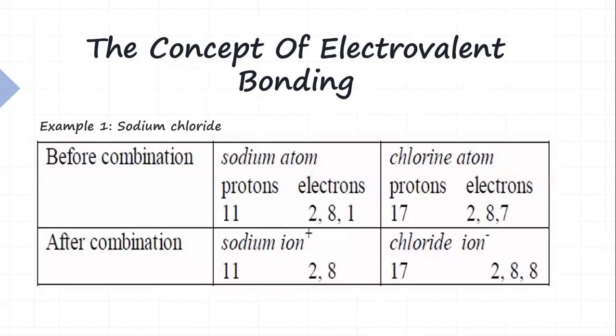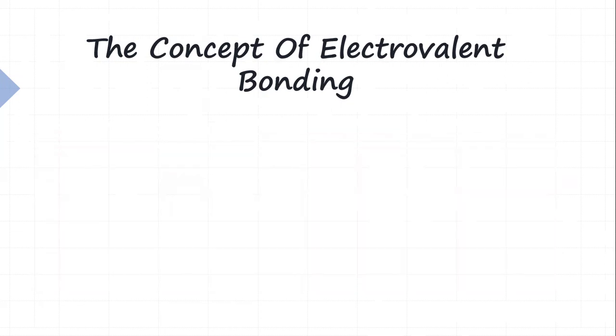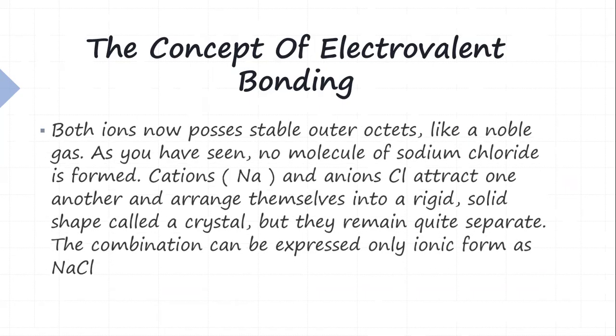That's what happens in electrovalent bonding. Both of these, the sodium and the chlorine, possess stable outer octets like a noble gas, as you have seen in the slide above.